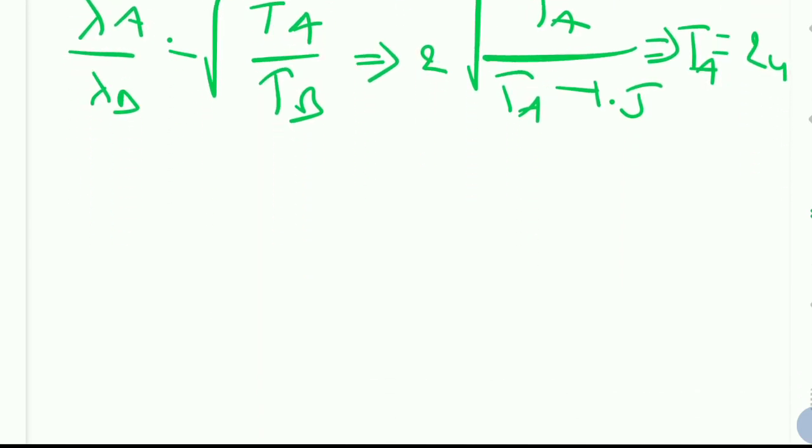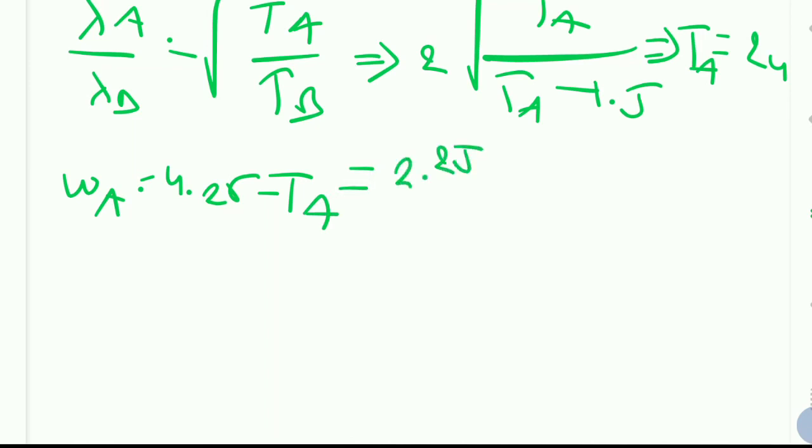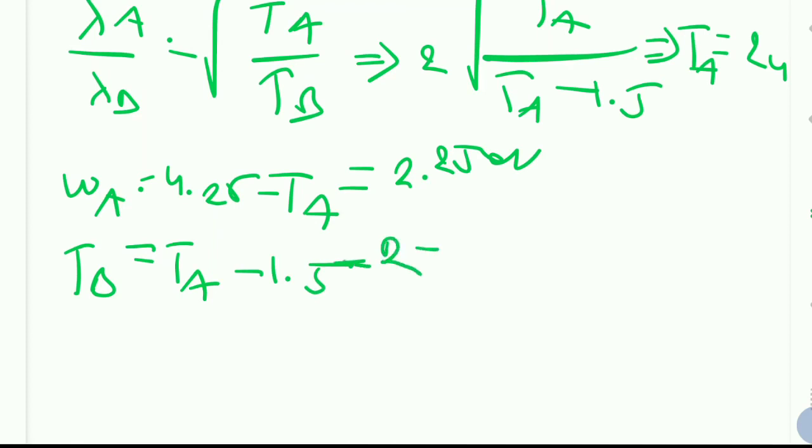Then Wa is equal to 4.25 minus Ta, which is 2.25 electron volts. Tb is equal to Ta minus 1.5, which is 2 minus 1.5, which is 0.5 electron volts.